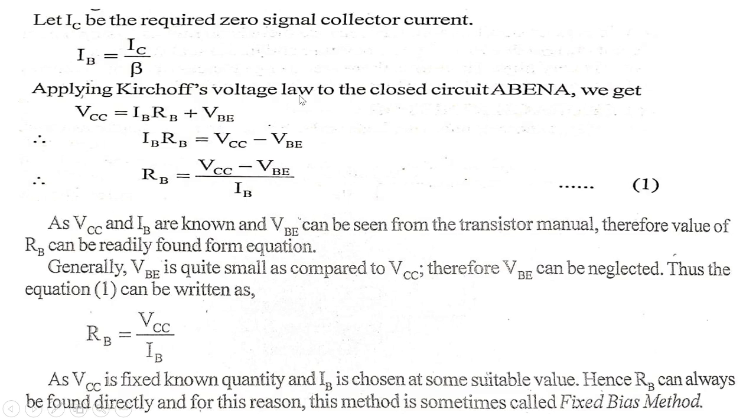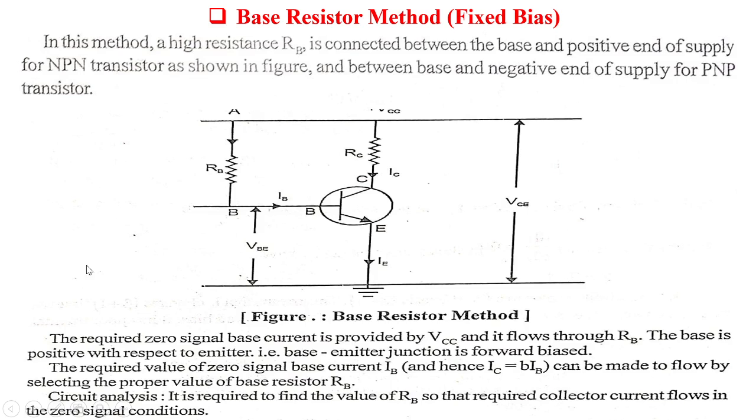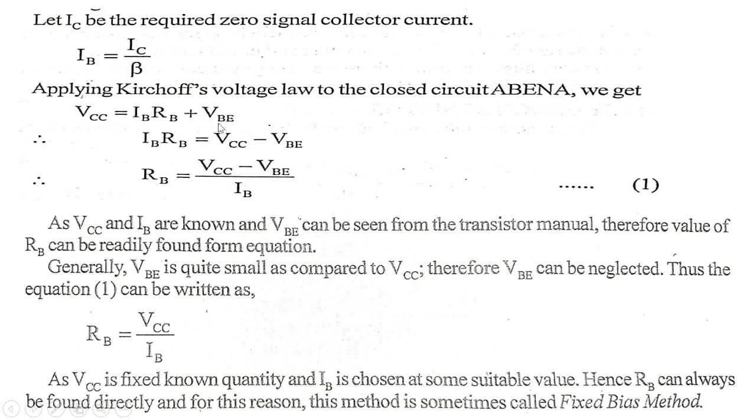Applying Kirchhoff's voltage law to the closed circuit, we get VCC equal to IB RB plus VBE, therefore IB RB equal to VCC minus VBE, and RB equal to (VCC minus VBE) upon IB.